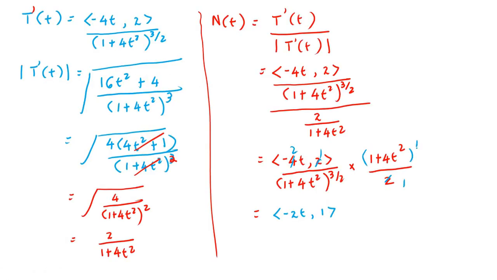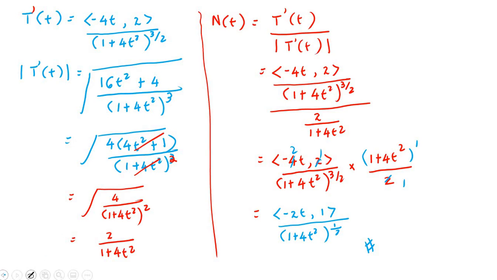So we bring down the power: 3 over 2 minus 1 becomes power half. So this is the unit normal vector, negative 2ti plus 1j divided by (1 plus 4t squared) to the power half. The T prime t that we obtained is negative 4ti plus 2j divided by (1 plus 4t squared) to the power 3 over 2.